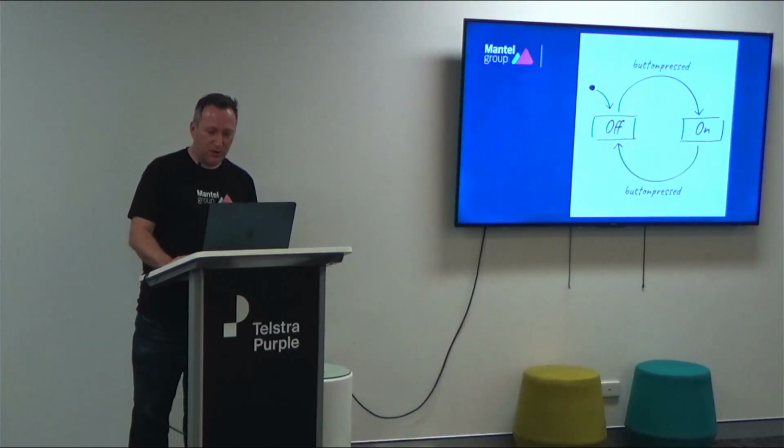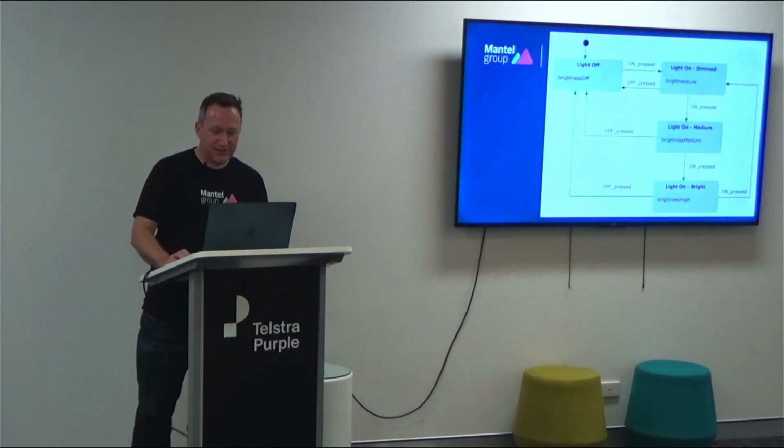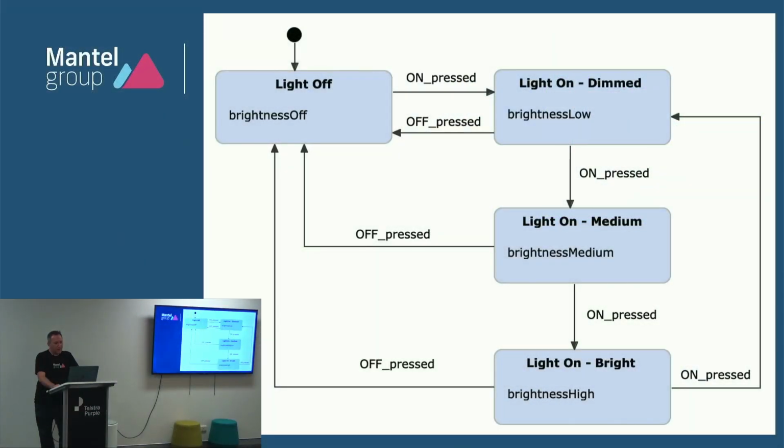Let's take a look at a more complex example. Here's a slightly more expensive light where it's got 3 light levels. It can be dim, medium, or bright. And every time you press on, it cycles through those 3 states. Every time you press off, it turns it off. So the whole point of state machines is you can definitely keep track of these 4 values. Maybe that's an enum with off, dimmed, medium, or bright.